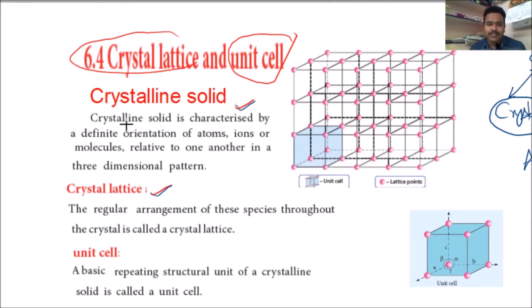This is the definition directly from the textbook. A crystalline solid is characterized by a definite orientation of atoms, ions, or molecules relative to one another in a three-dimensional pattern. You see, this is a three-dimensional crystalline solid, otherwise called a crystal.